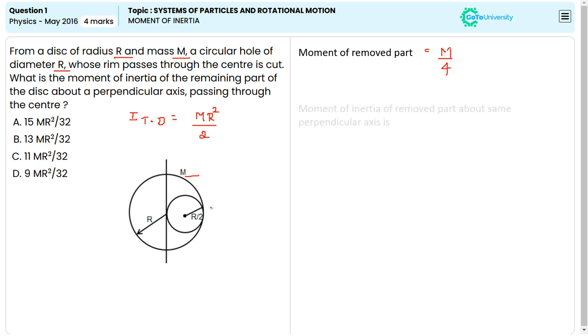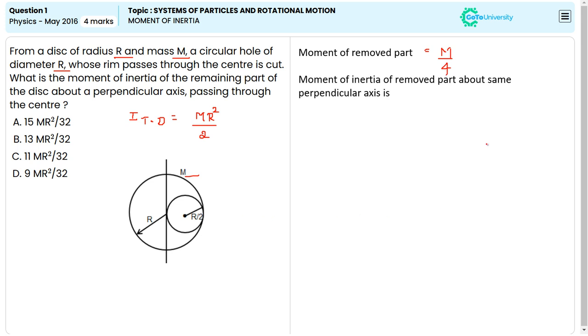Then the moment of inertia of the removed part about the same perpendicular axis. For this perpendicular axis, the moment of inertia of the removed part, I removed, is equal to M by 4 times R, where this R is R by 2, divided by 2, whole squared.